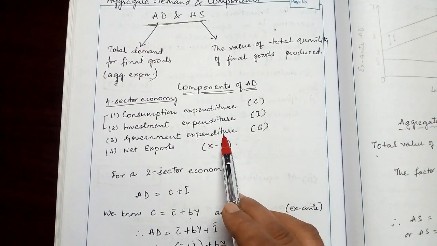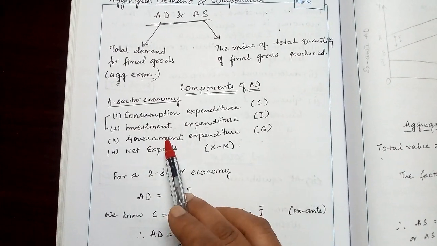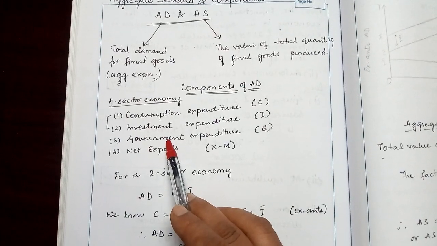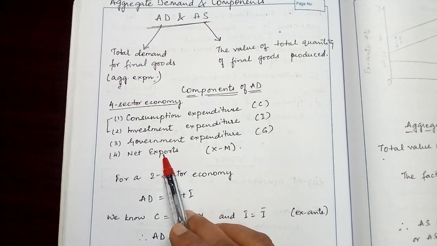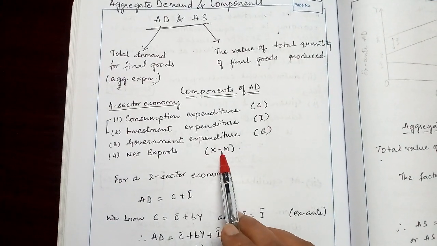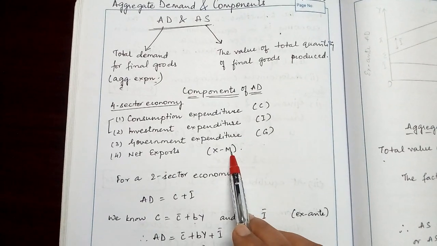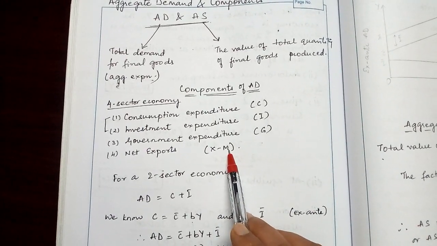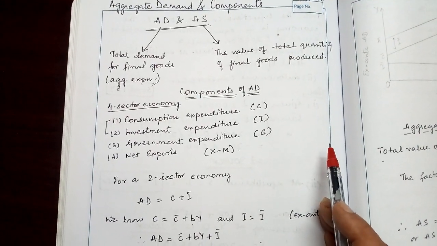Government expenditure, represented by G, is the expenditure made by government on consumption of goods and services. The fourth component is net exports, that is exports minus imports. This tells us the relationship between a domestic country and the rest of the world.